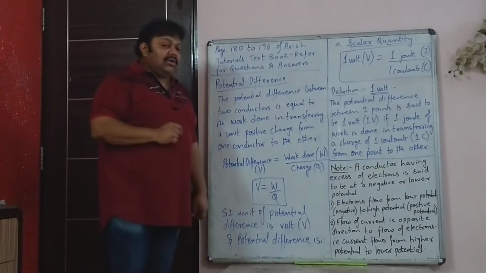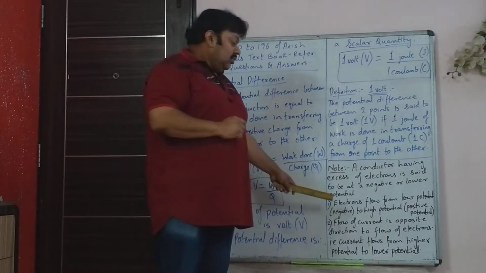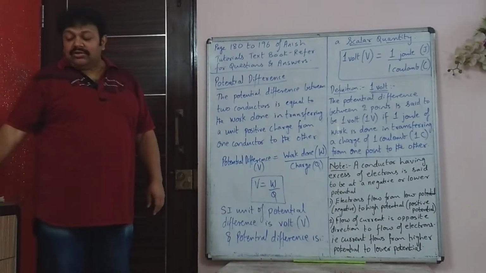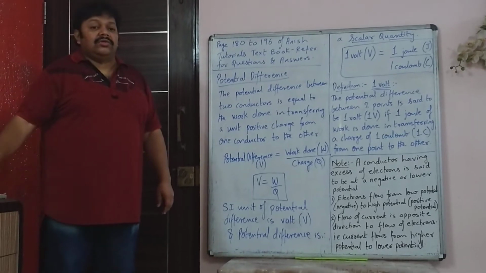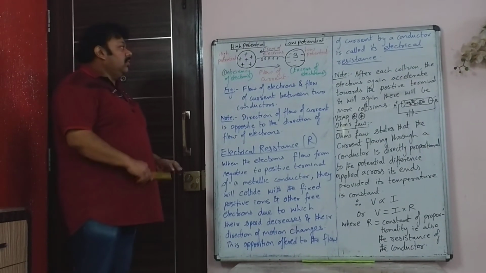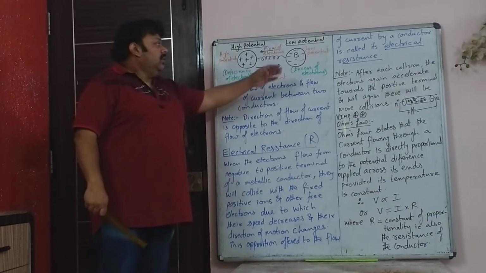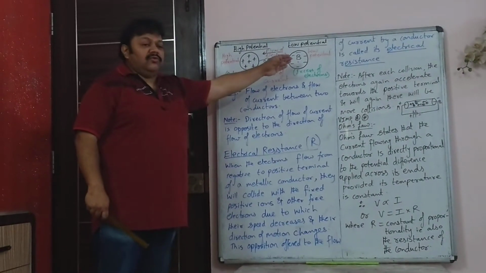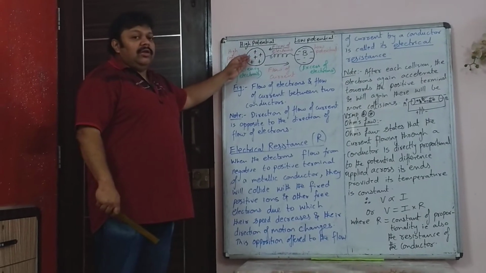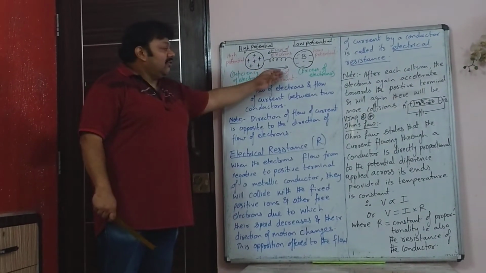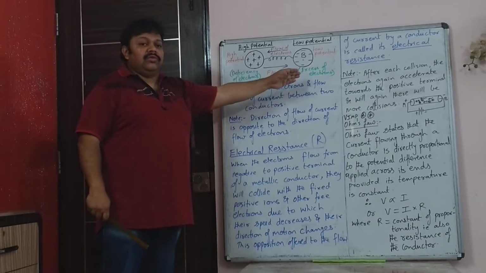That is how the current is flowing. Now we will continue with this and see Ohm's law and factors affecting resistance. Here we just wrote that the electrons will flow from a place where there is more number of electrons to a place where there is a deficit of electrons, but the direction of flow of current will be reversed to that.